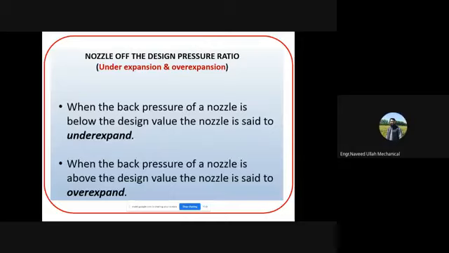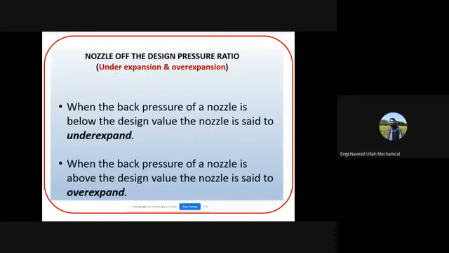I told you that there is a back pressure value that gives you the sonic velocity at the exit, at the critical pressure, and there the flow is also maximum. That is the choking condition. If you further decrease the back pressure, it has no effect on the mass flow, because the upstream is blind to what is happening down there. Now we have nozzles off the design condition, which means the cases of under expansion and over expansion.